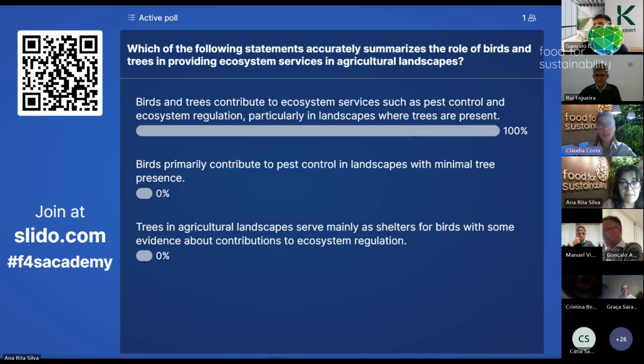Is it about trees that serve mainly as shelter for birds, where there is some evidence about their contributions to ecosystem regulation? Or is it about the combination of birds and trees that contribute to ecosystem services, such as pest control and ecosystem regulation, especially in landscapes where trees are present?